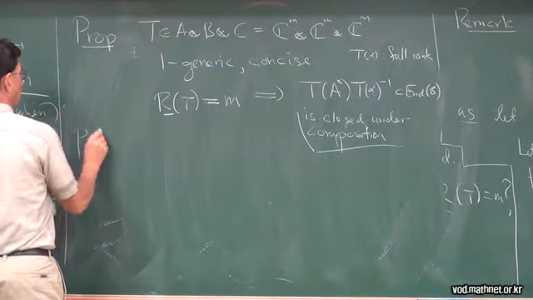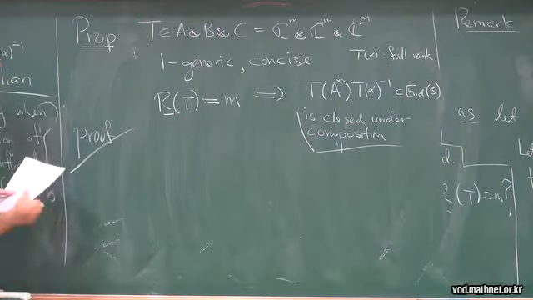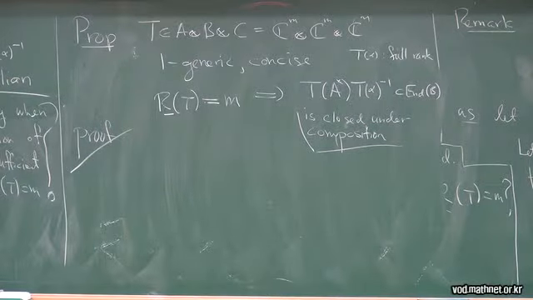So here's the proof. Being closed under composition is stronger than being abelian.